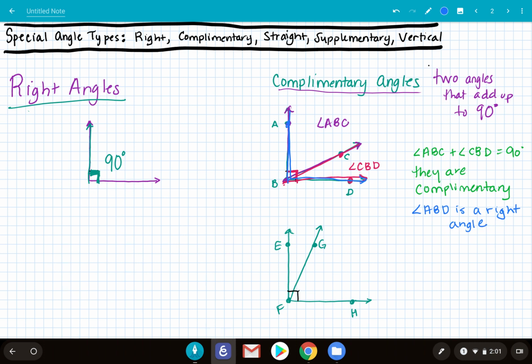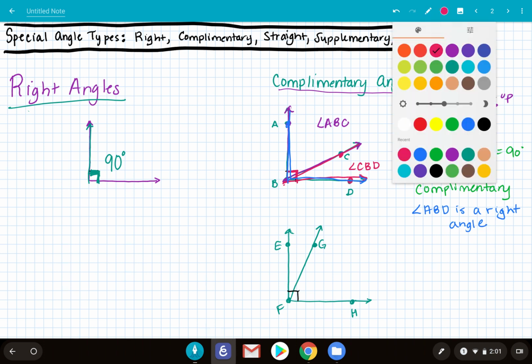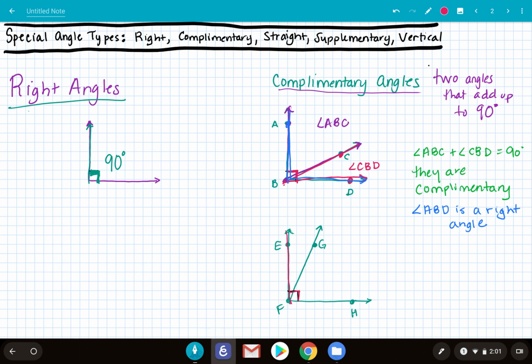And in this next example, I can see that angle EFH is a right angle. And I know that because it gives me this symbol here, which is the symbol for the right angle.